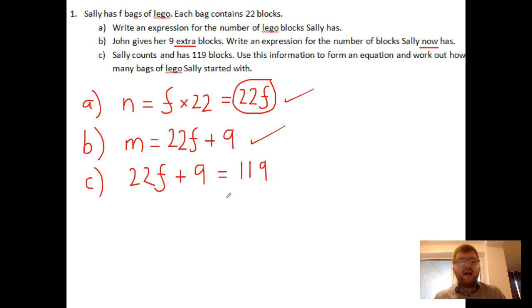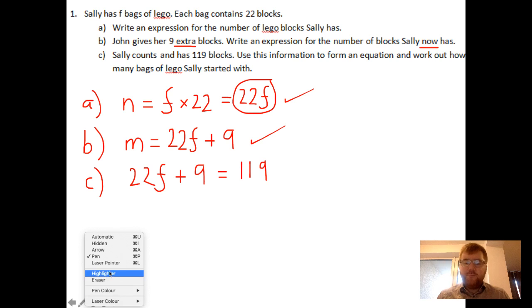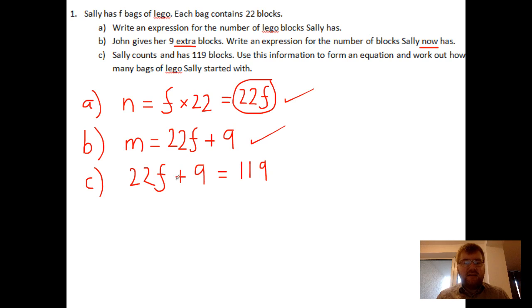And now suddenly we have an equation that we can solve, and we approach it in exactly the same way we've done all the previous equations. So we look at the number next to the F, that's the plus 9. What's the opposite of plus 9? That's going to be minus 9.